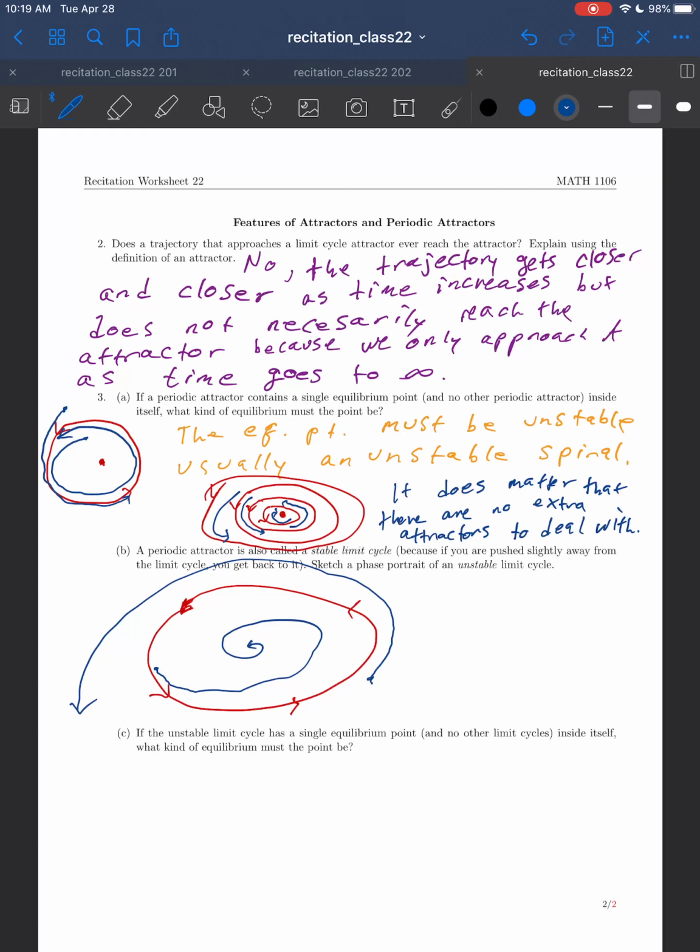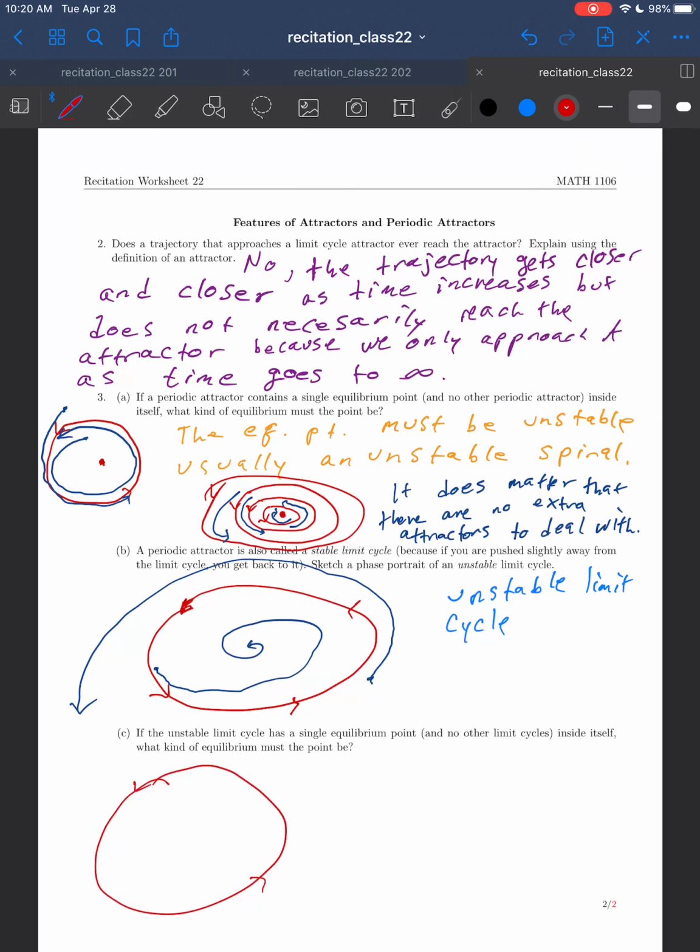We'd end up with something like this, and this would be an unstable limit cycle, because in all of the small neighborhoods, there are points which spiral or move directly away from the loop.